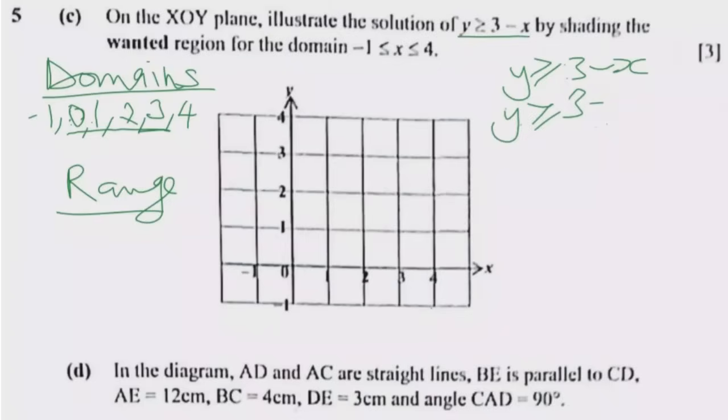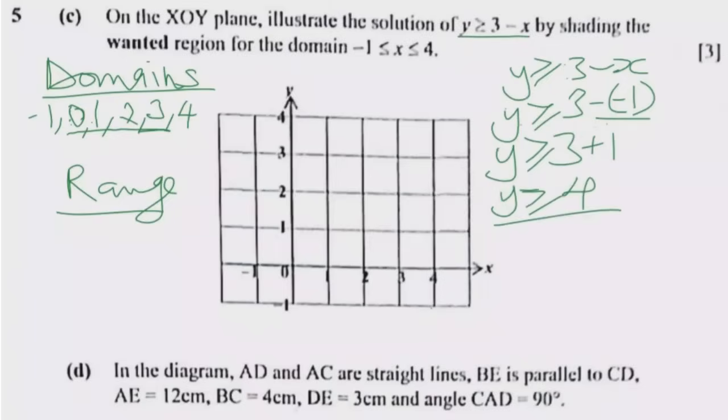First, let me evaluate the negative and -1. Negative times -1 will give me +1. Then y is greater or equal to 3 plus 1, which is 4. So when x is equal to -1, y will be 4.